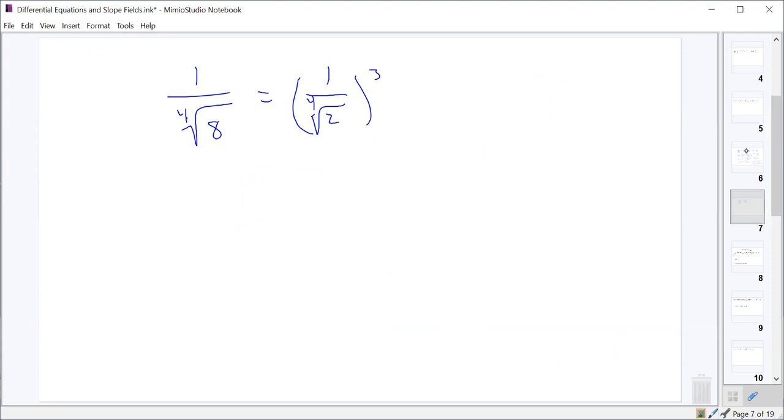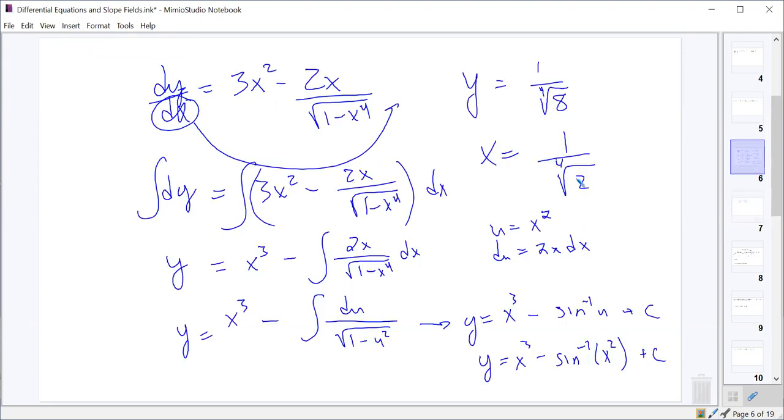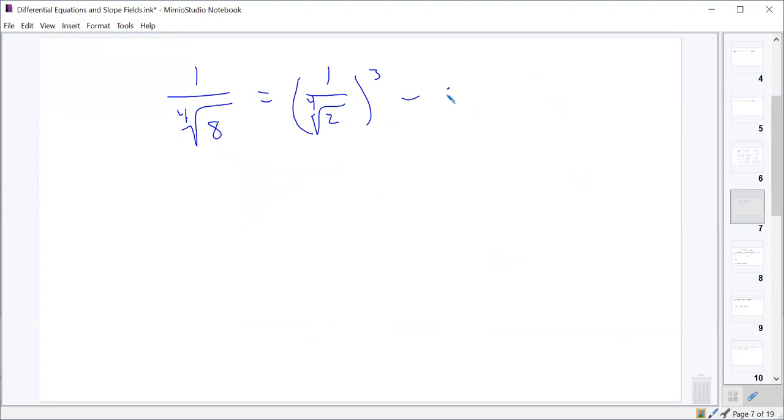And then minus our inverse sine of this squared plus our constant. Everybody good there? Yeah. All right.